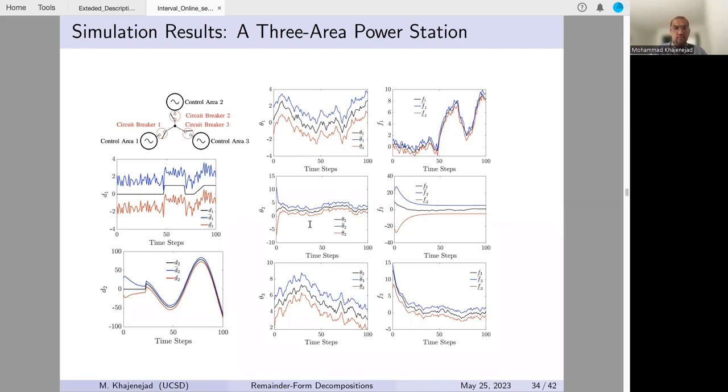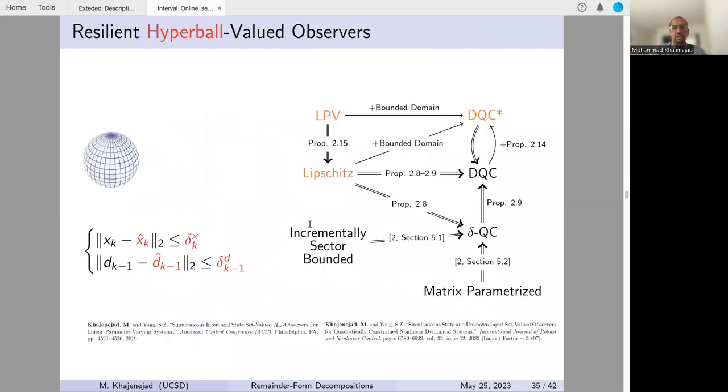So just to mention, this design had some prior hyperball-valued type of observer counterpart, which we previously designed, where we characterized the uncertainty sets as hyperballs with their centers and the radius of the balls.